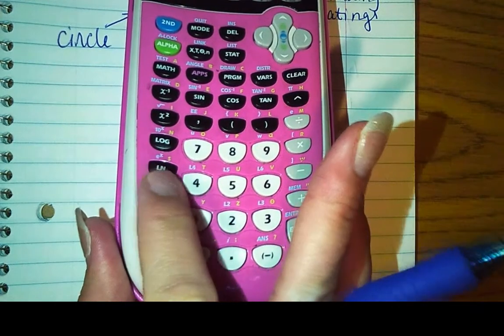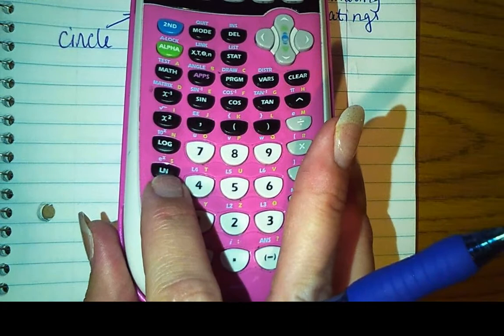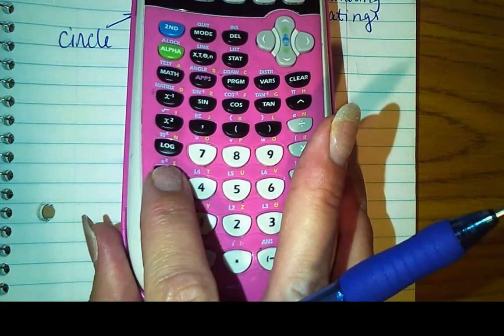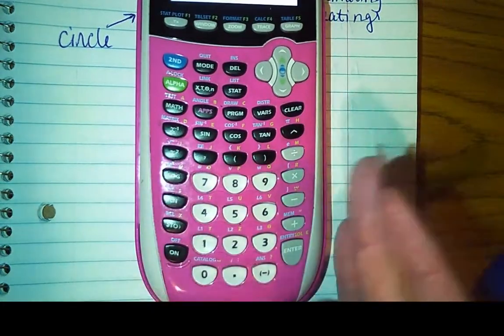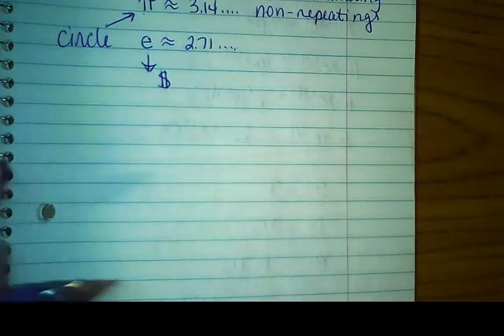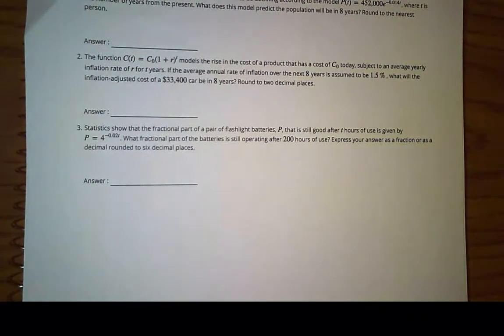LN, which we're going to hit in 7.3, means the natural log. And right above it, it says E to the X. So we're going to be using E to the X, which in this case would be E to the first. Anyway, just remember all of that to say that E is a number.